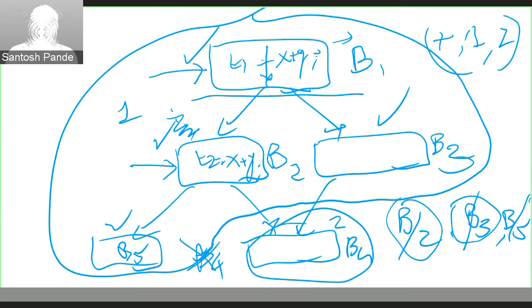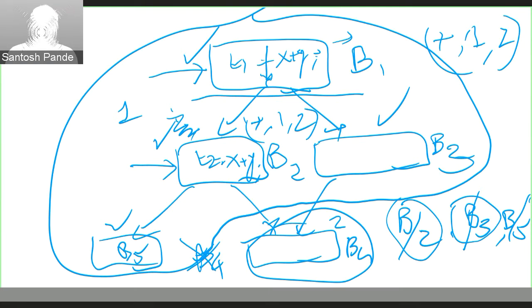And when we go to B2, when we try processing x plus y, again we will be generating plus 1 comma 2 as the hashed expression on the right hand side of this statement.